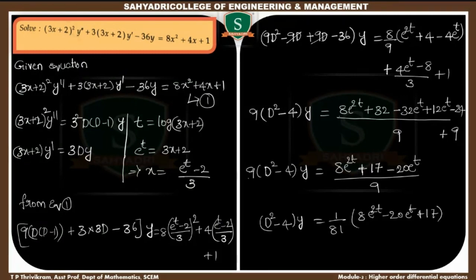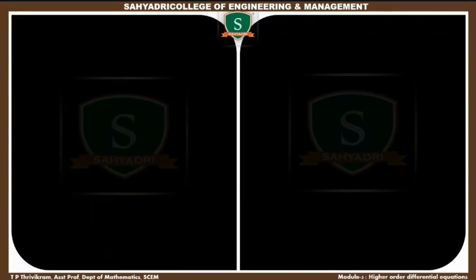Okay, so take this as equation 2 and we need to solve this equation 2. Fine. So now let us solve this equation. So auxiliary equation is m square minus 4 equal to 0.